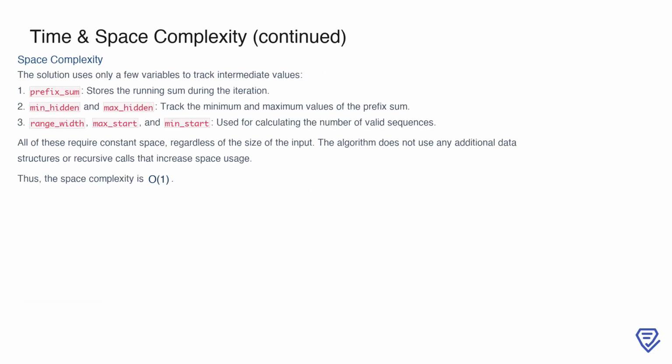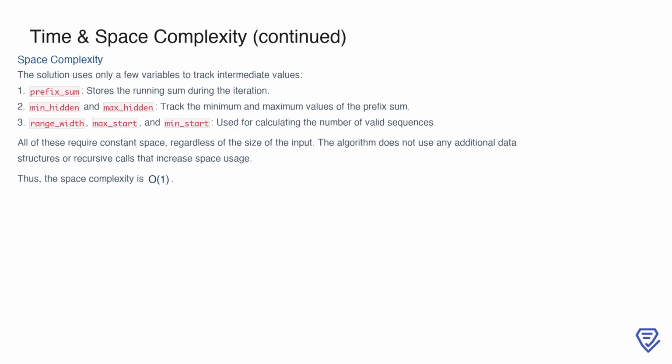Now, let's consider the space complexity of the solution. The algorithm primarily relies on a handful of variables to track intermediate values during the computation. These include prefix_sum, which stores the running sum as we iterate through the array, and min_hidden and max_hidden, which keep track of the minimum and maximum values of the prefix sum.